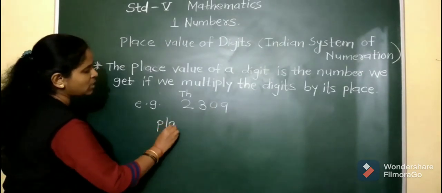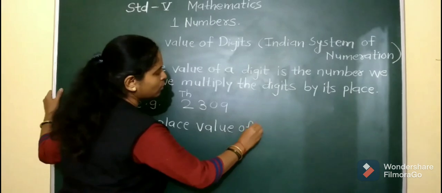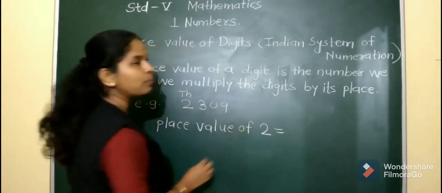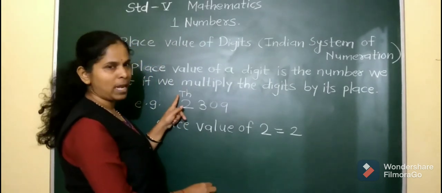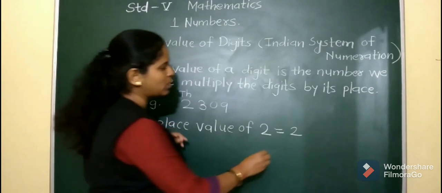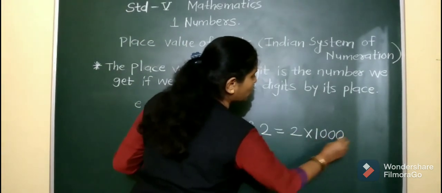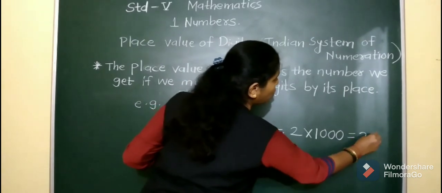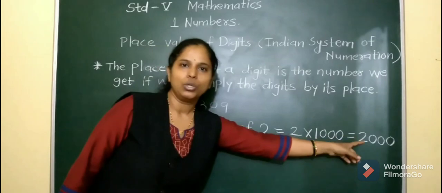We will obtain it by multiplying the digit by its place. Now which is the place here? 2 is at 1000 place. So we have to multiply 2 by 1000. So the place value of 2 at 1000 place is 2 into 1000, which is 2000.